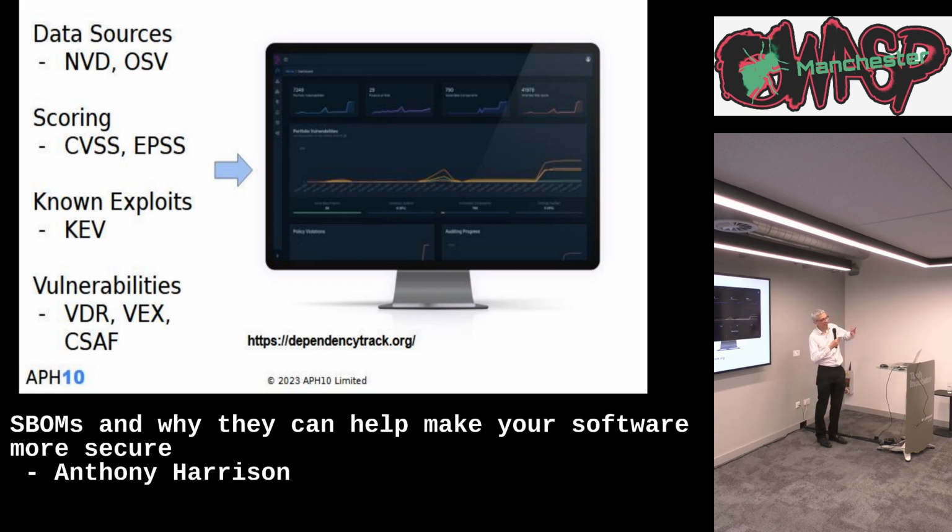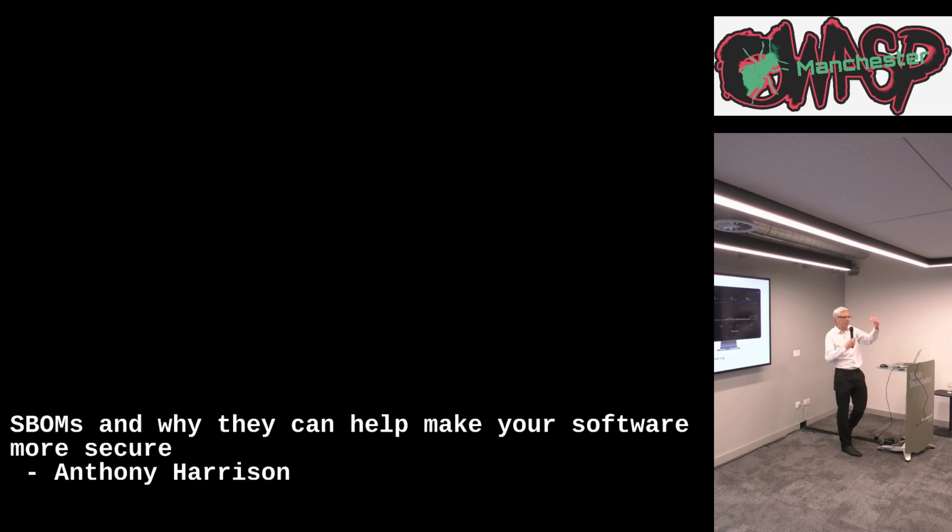It's a negative saying it can't be exploited. VDR is a disclosure to say these are all the vulnerabilities I'm aware of. And then CSAF is one of the problems. There are multiple standards at the moment evolving in this area. CSAF is just a big standard that I don't see many people using at the moment, but it may change. And that's identifying vulnerabilities against products.